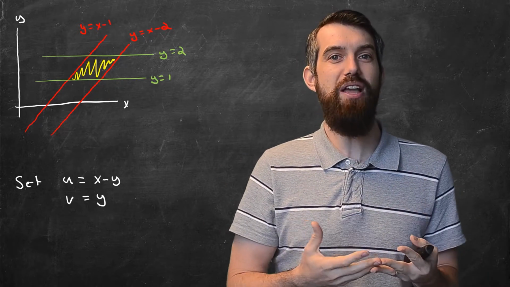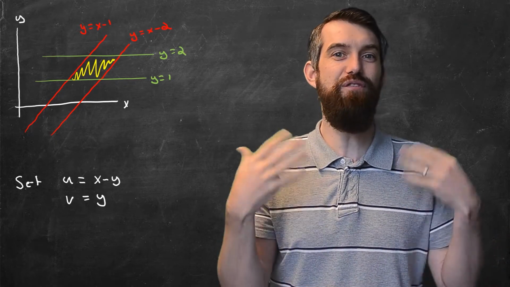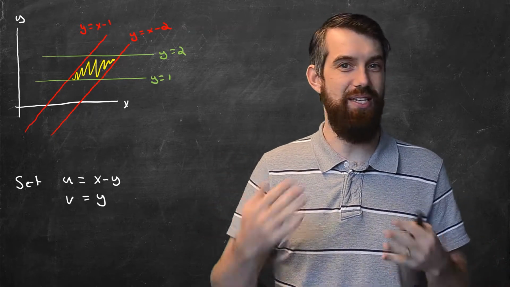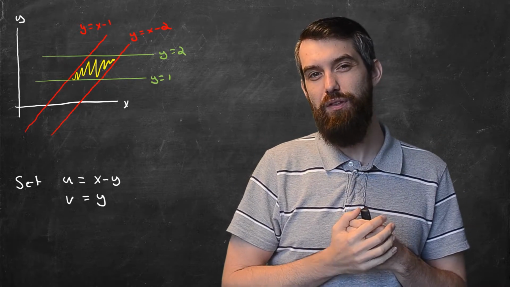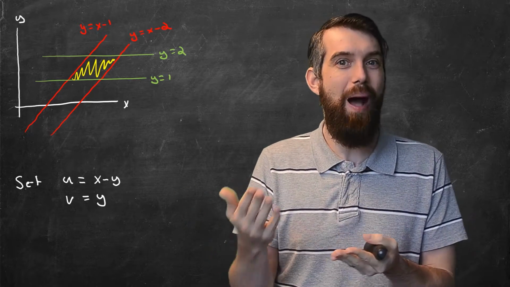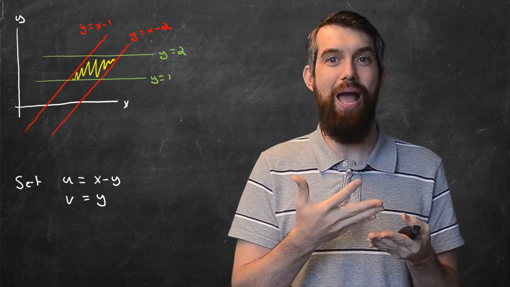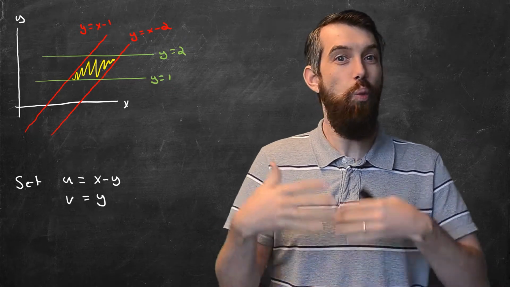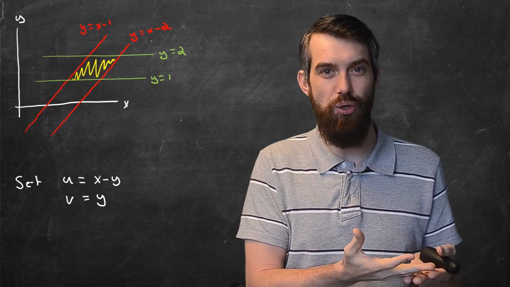That is, what if I introduce new variables u and v? The v is just going to be equal to the y values. As I said, I was happy with those horizontal lines. Those were perfectly fine. But for the two diagonal lines that are not easily expressed by x equal to a fixed value, if I set u equal to x minus y, then the one line is just u equal to 1, and the other line is u equal to 2.